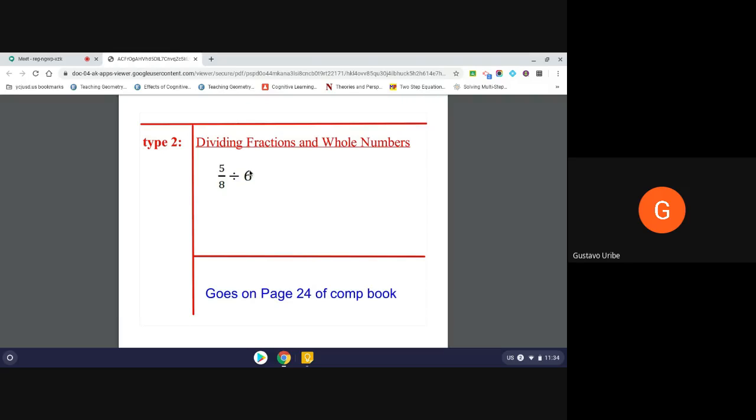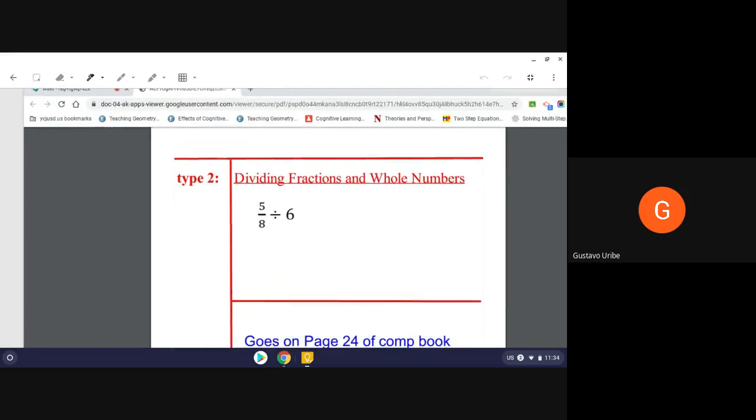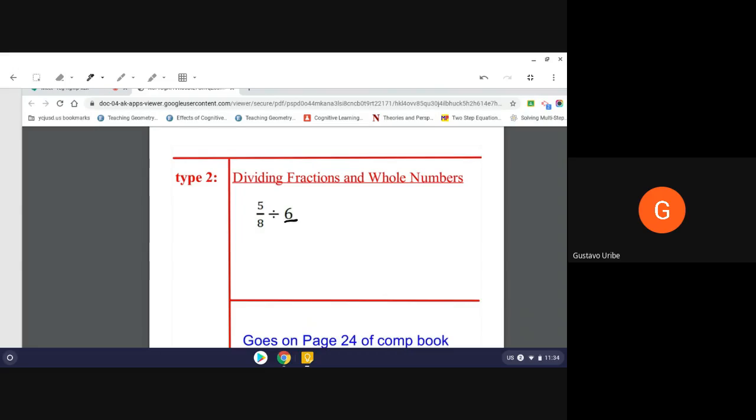So to turn this into a fraction, we're simply going to put it over 1. And the reason why we can do that is because we are not changing the quantity. So 6 divided by 1 is still 6. So even though we are showing it in a different form, the value does not change. 6 still equals 6 divided by 1, or 6 divided by 1 still equals 6. So we didn't do anything to change it.